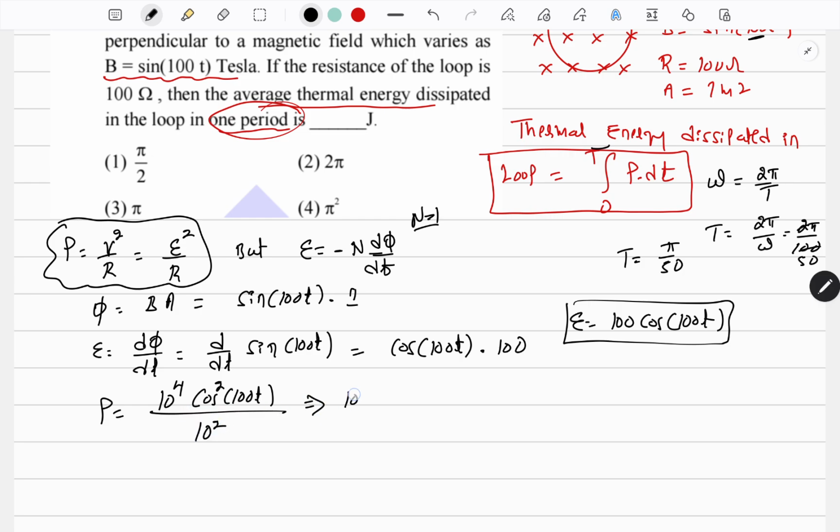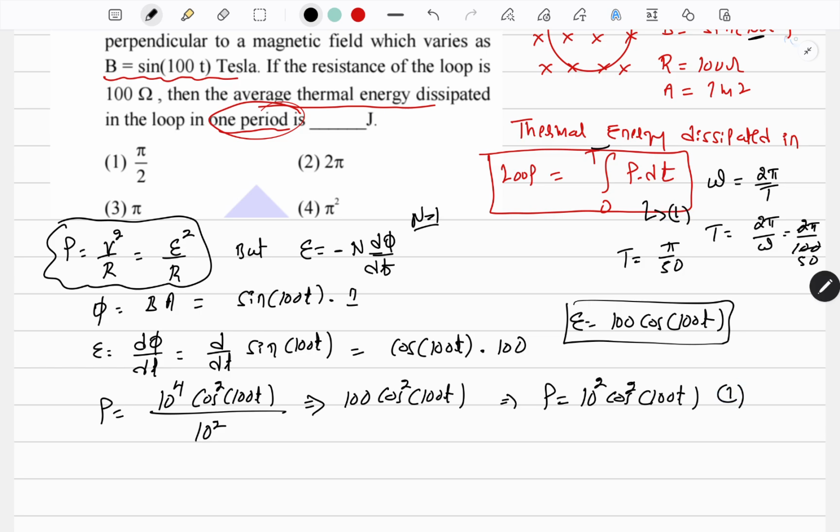So we get 100 cos square 100t. This is the value of P. Now put this value in equation 1.